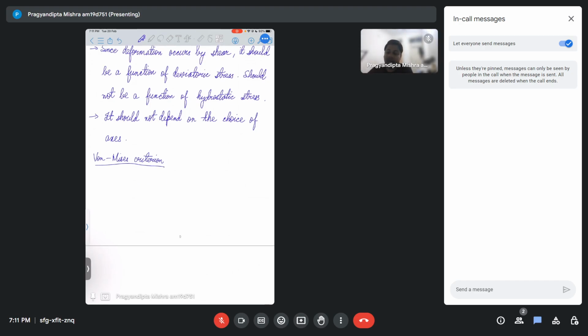So your J2 plasticity, second invariant of the deviatoric stress, is a good candidate for determining your yield criteria.